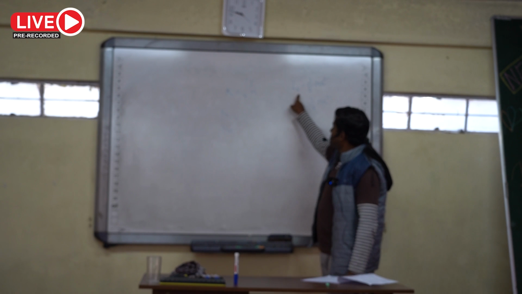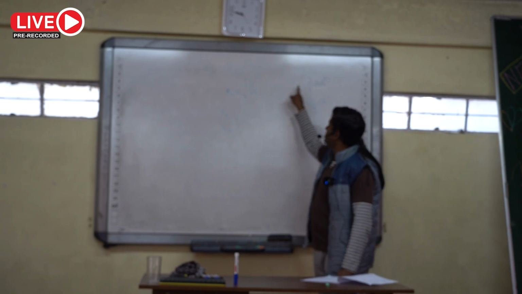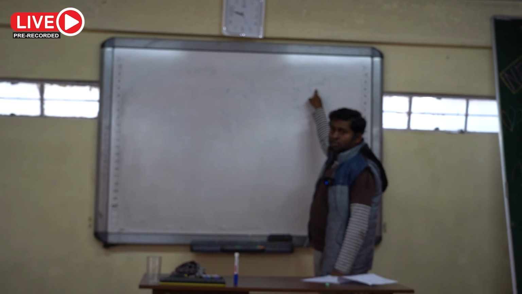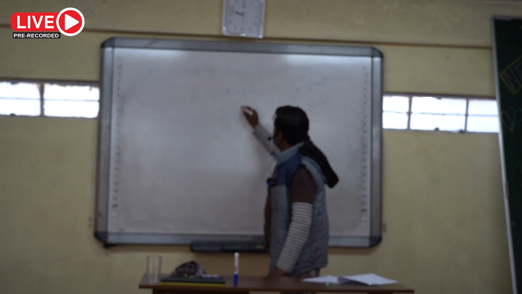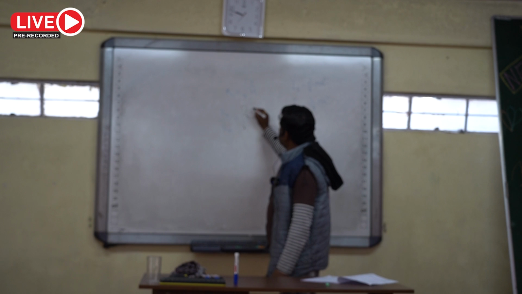For k solid, if you put I by m, it will be 2 by 5 m r square, its root. So it is under root 2 by 5, m will cancel, r square will also cancel.